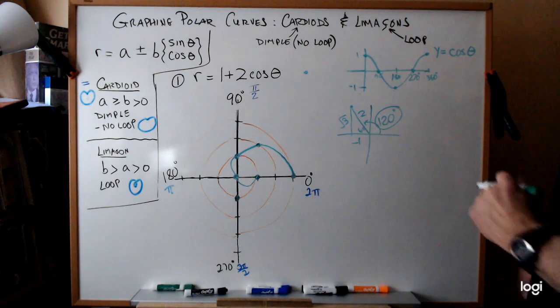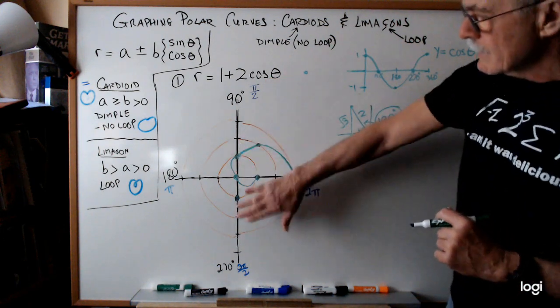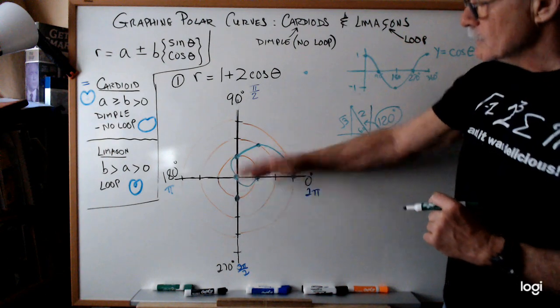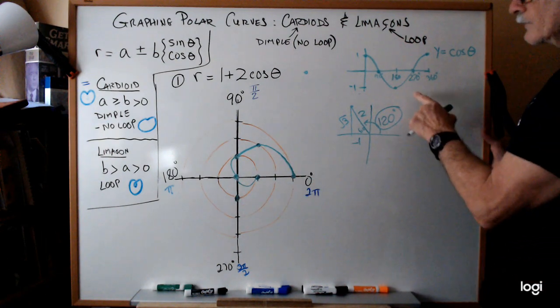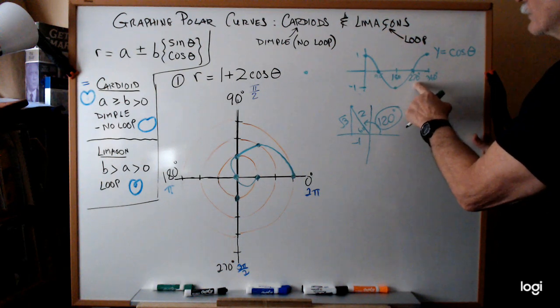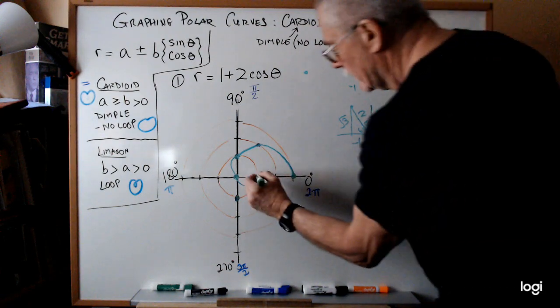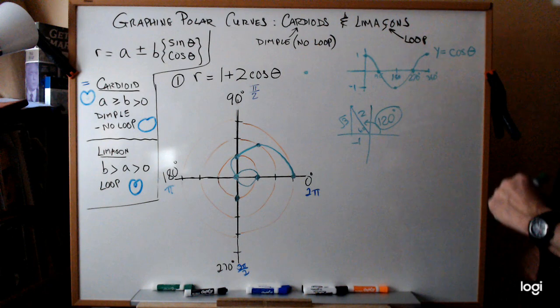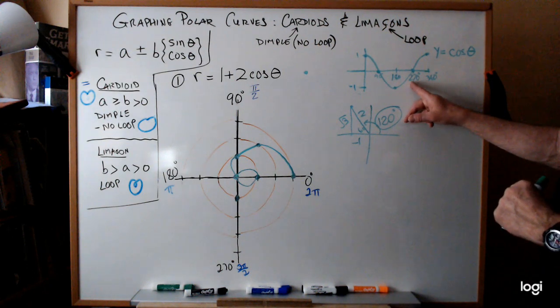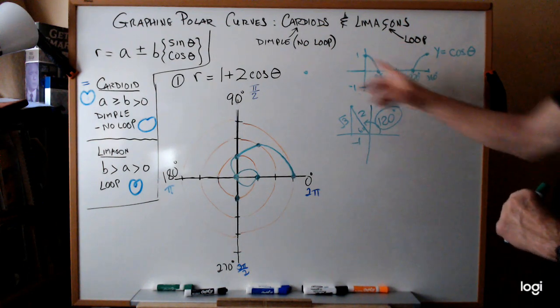And you can see that if you take a look at your table. Also notice whenever you have a cosine, it's pretty much going to be symmetric about the x-axis. It's an even function. Okay, so now when I look from 180 to 270, it's negative 1, but increasing. So the value of cosine, when I put this in here and add a 1, it's going to look like that. And when I get to 270 degrees, the cosine of 270 is 0.